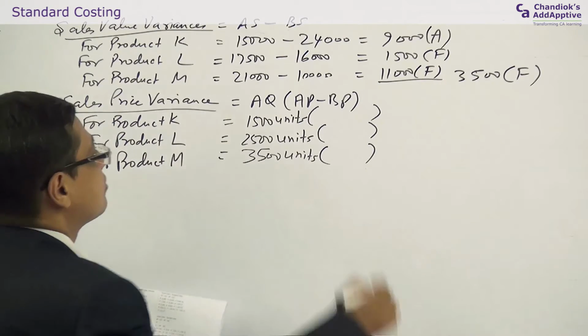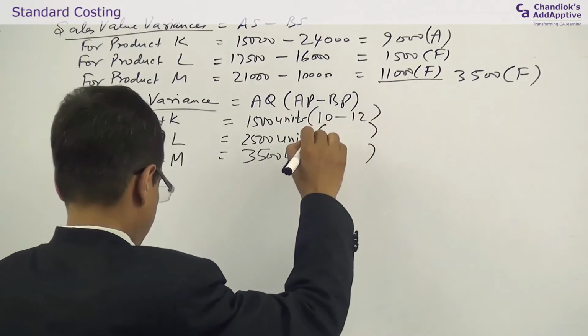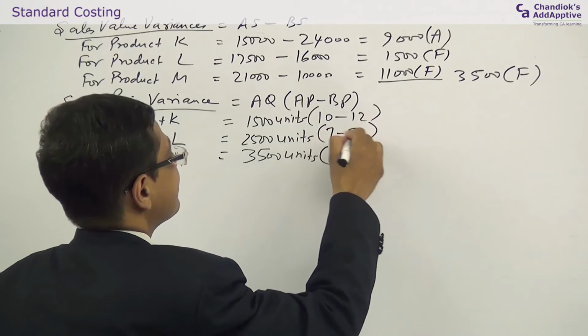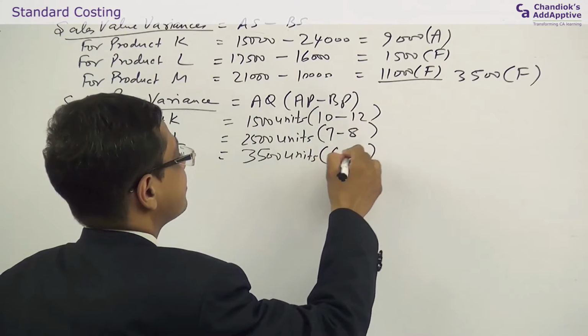It is given at rupees 10 minus 12, 7 minus 8, 6 minus 5.